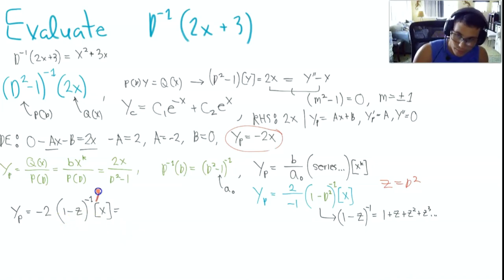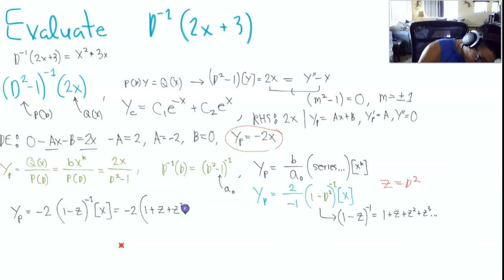Okay. Well, what can we replace this with? So this and this is the same thing. And if this is the same thing as this, then we can replace this with this. So this is all going to become 1 plus Z plus Z squared dot dot dot. Okay.